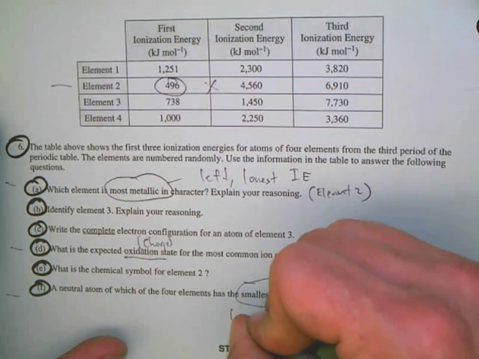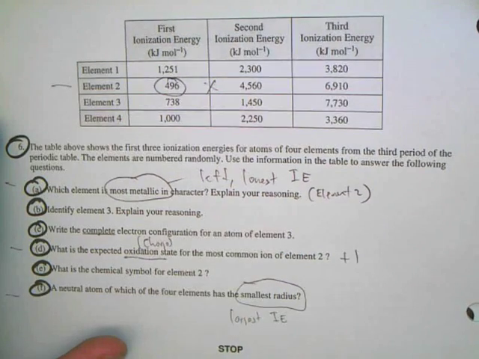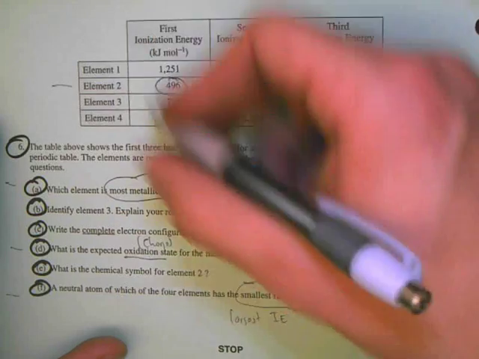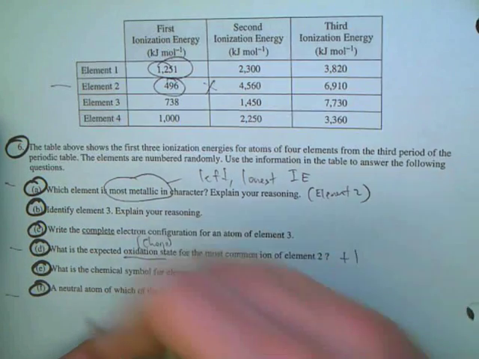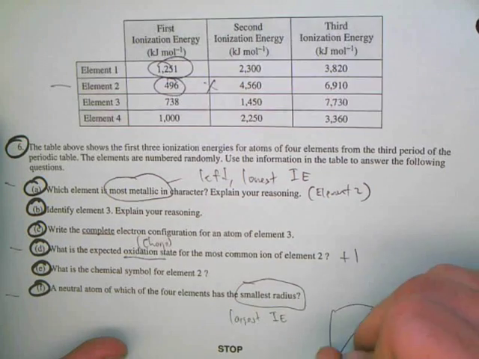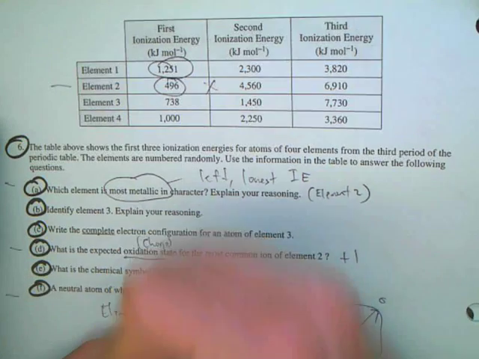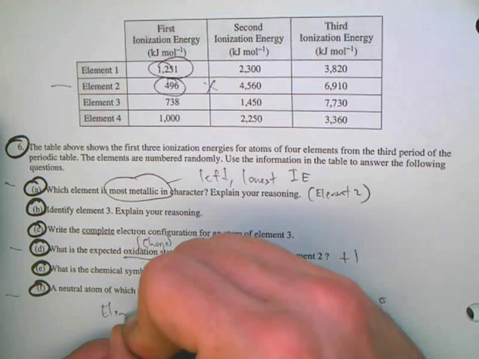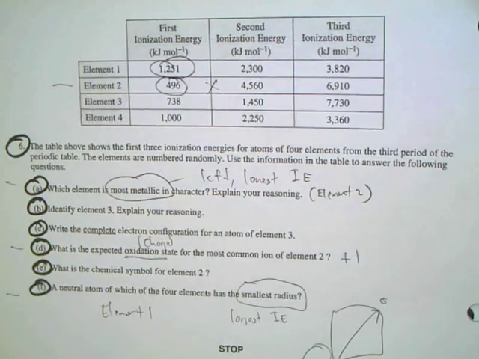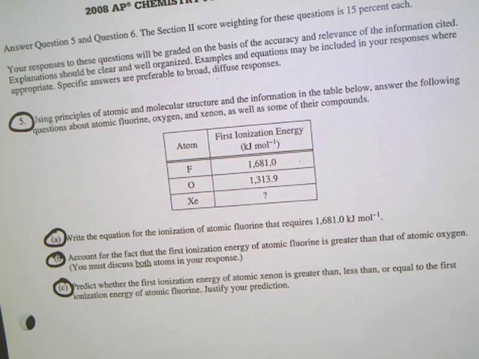So smallest radius, we're looking for the largest ionization energy. And the one with the largest ionization energy in this case is element 1, because largest ionization energy would be more to the top right. So that's going to be element 1.